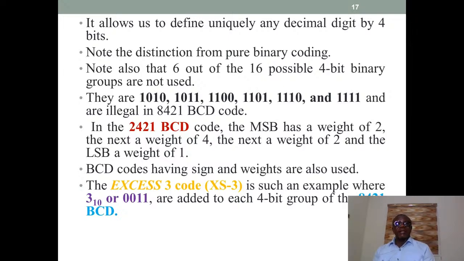But again, there is also another BCD code known as the XS3 code. In this XS3, 3 in base 10, which is equivalent to 0011, is added to each 4-bit group of the 8421 code.